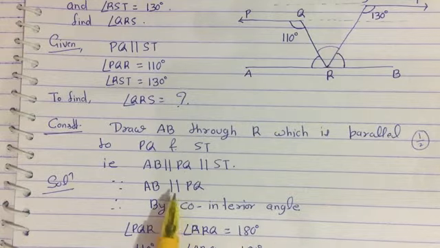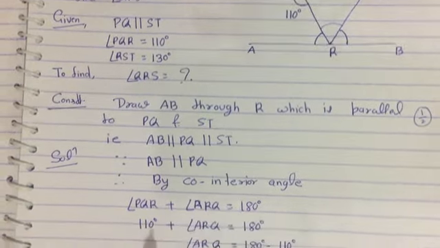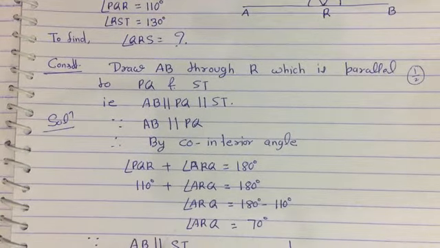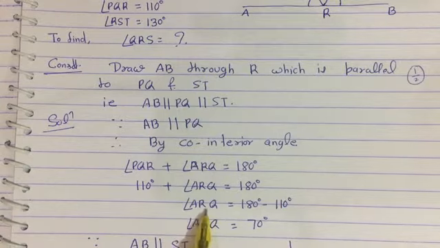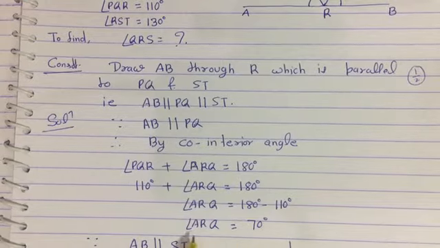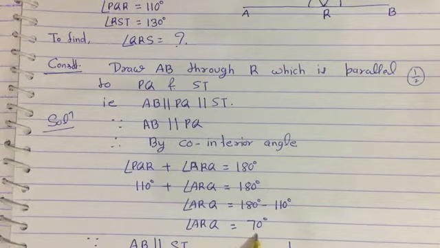Now put the value of angle PQR: 110 plus angle ARQ is equal to 180. Transfer 110 to this side. Angle ARQ is equal to 180 minus 110, and now angle ARQ is equal to 70 degrees.